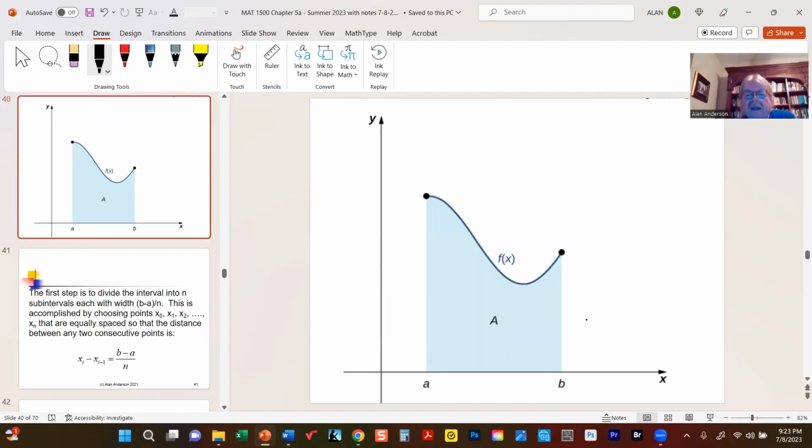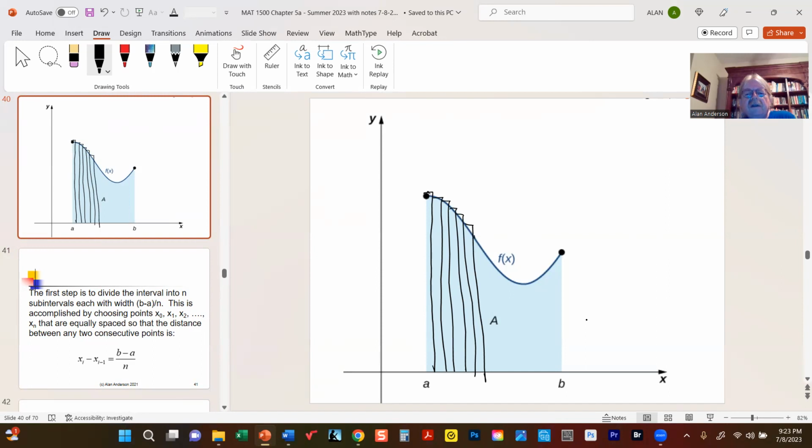We're going to create a series of rectangles to represent the area under this curve. Now, you can see the way I'm drawing it, the approximation isn't really that great, is it? No. Not yet. My drawing isn't that great either.